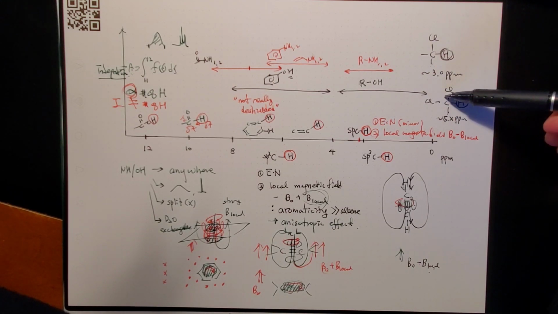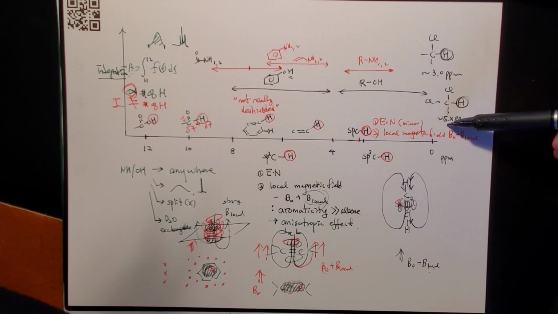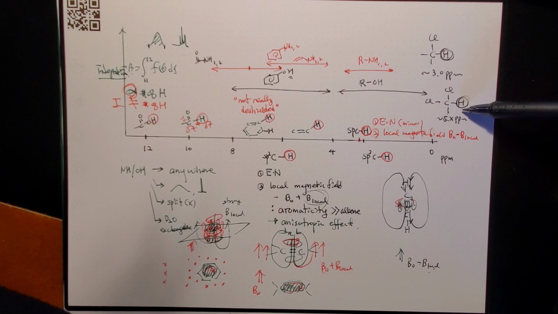And two of them make the alpha hydrogen de-shielded to 5 something ppm. And three of them make the hydrogen de-shielded to 7 point something, and they're still sp3 carbons.